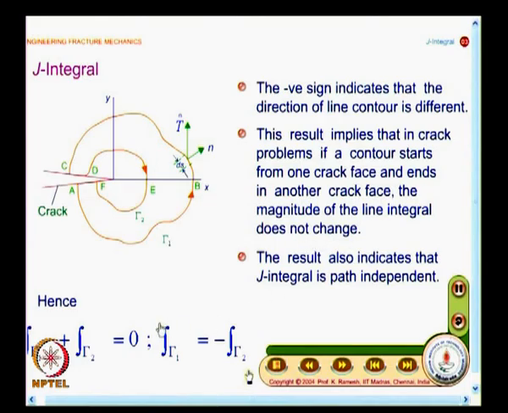We have already seen what is the expression that you would write for this integration, that is not written here. You have two terms, one involving strain energy, another involving traction. We will see that later. The result also indicates that J integral is path independent.